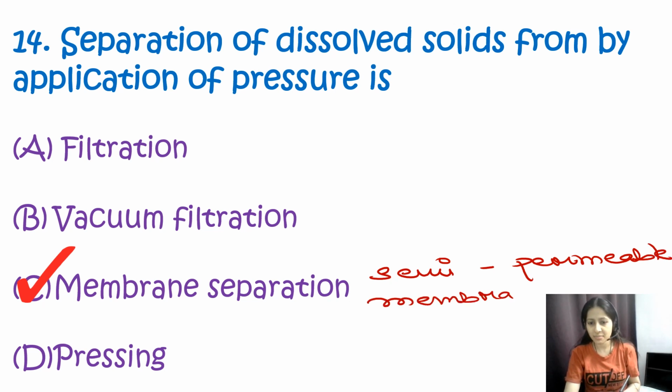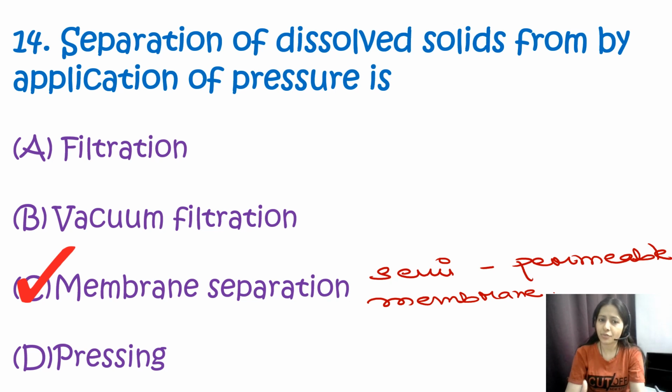Now what is a semi-permeable membrane? It is a membrane that allows certain components to pass through it, while it retains certain other components. It can be based on size, charges, or other properties.